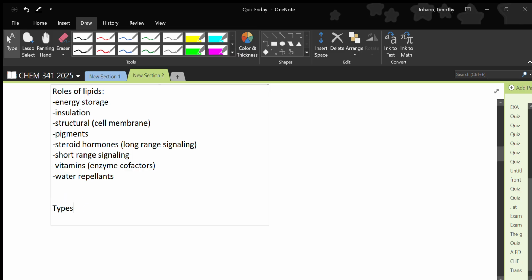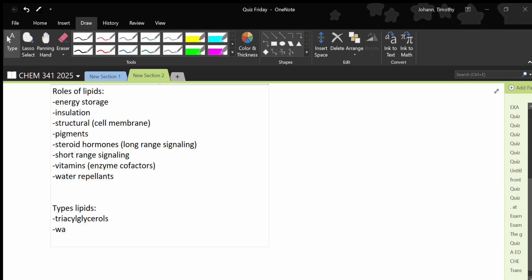So let's talk about types of lipids. We're going to start out talking about triacylglycerols. When you think about fats and oils, generally natural fats and oils, oils that are natural, not dug out of the ground, generally we're talking about triacylglycerols.